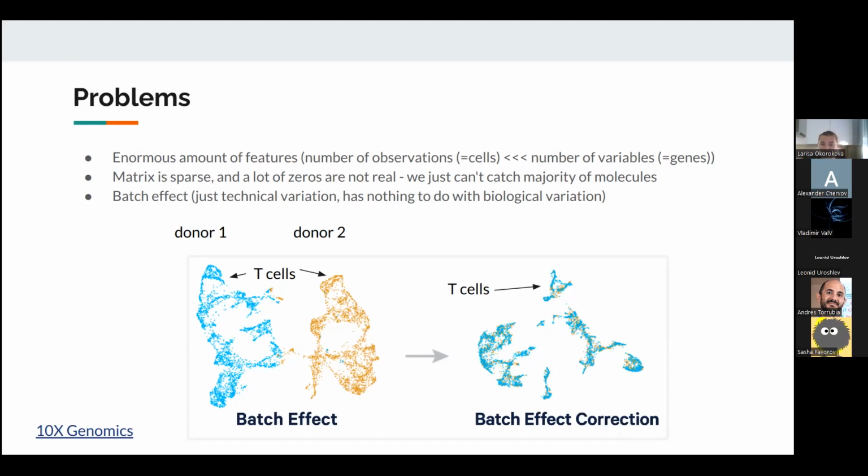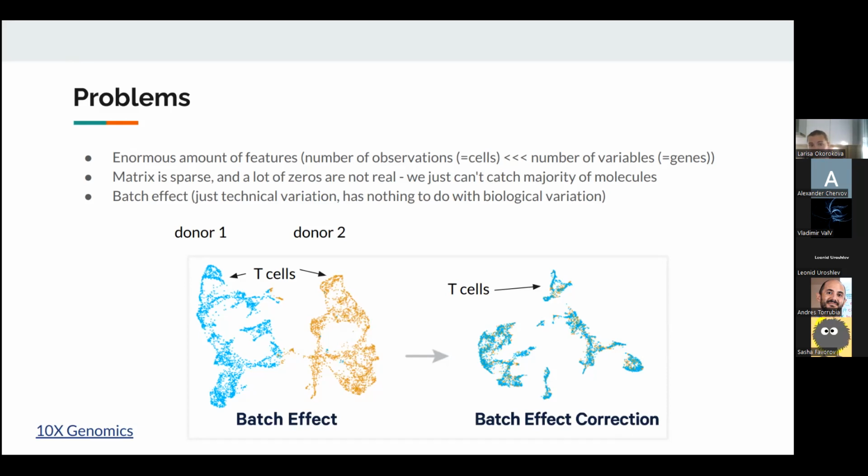And all this variation comes from the donors, just because we are very individual and the donors have their own transcriptional background. The bad news is that this batch effect can also be caused by different people who prepare the library for the sequencing, different machines, different days, different, I don't know, the moon phase.